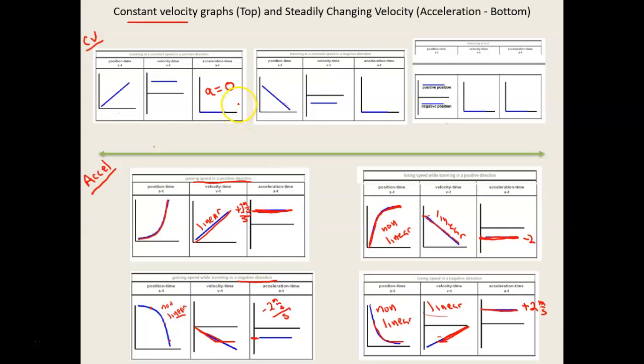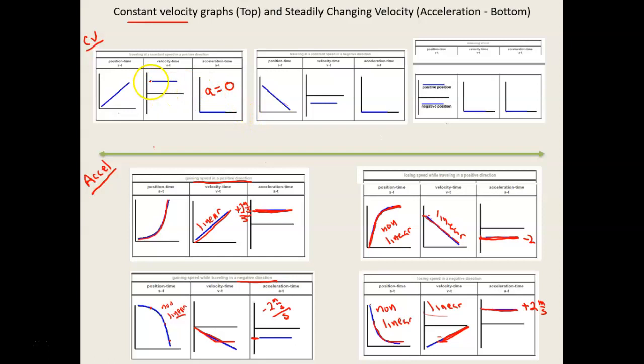If I showed you a graph of acceleration versus time and it's zero, you should say you're not accelerating, that's constant velocity. Then constant velocity might be in the positive direction, it might be in the negative direction, or it might be constant velocity of zero, meaning standing still. But if I see acceleration steady at zero, it means we're moving at a constant velocity.